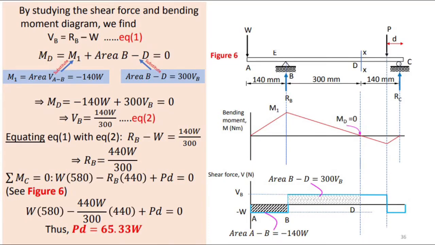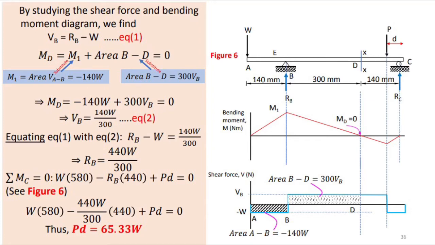By studying the shear force and bending moment diagram, we find V at B equals R at B minus the weight, and moment at D equals moment 1 plus area B minus D equals 0. After substituting the value of M1 and area B minus D, we get moment at D equals minus 140 weight plus 300 V at B equals 0.